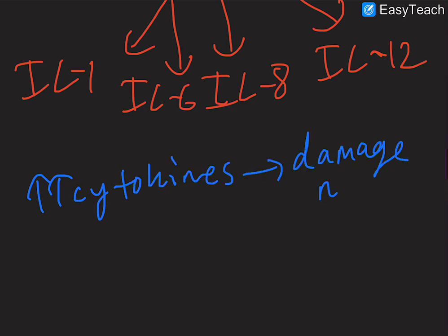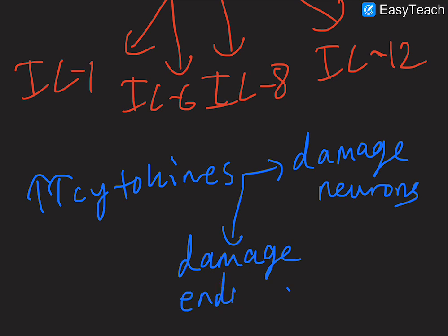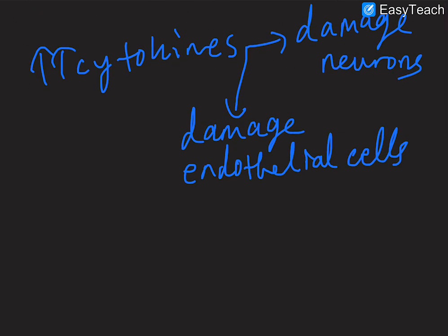So here, one important thing to know is that all of these cytokines, right? Not only will they damage your neurons, and in this case we're talking about your temporal lobe, what they can also do is start to damage your endothelial cells. Okay, we know that's bad because if it's damaging endothelial cells, like certain blood vessels in your temporal lobe, that won't be good because then blood can leak out.